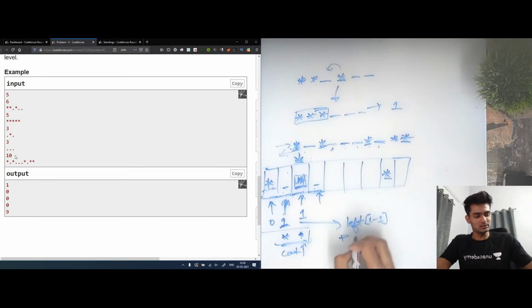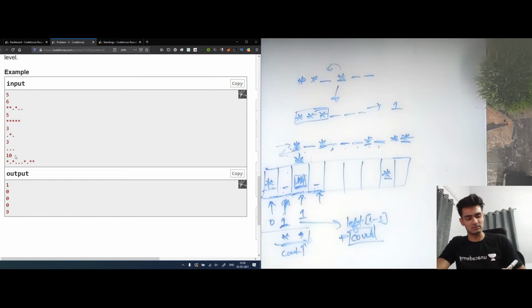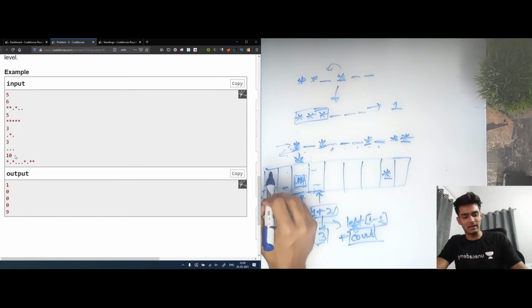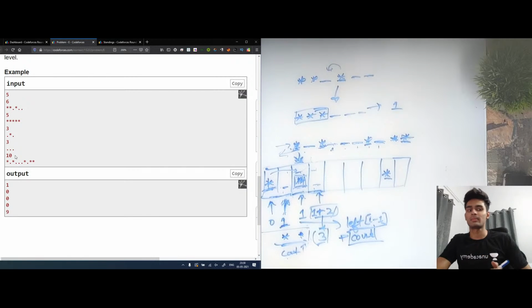So what this does is plus the count of the sheep that we had in the left direction. Left of I minus 1 was already 1 and the count of the sheep was 2, so we just write 2 here, and this becomes 3. As you can see, this sheep will take 1 cost in moving from this index to this index, and this sheep will take 2 cost moving from this index till this index.